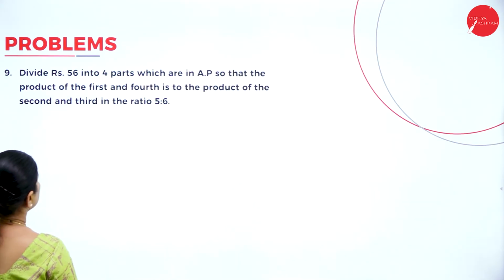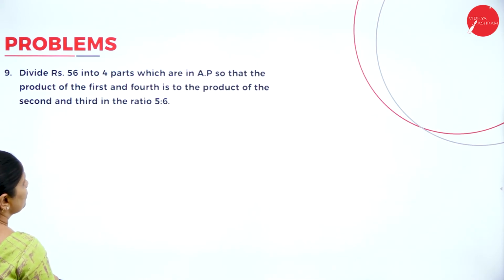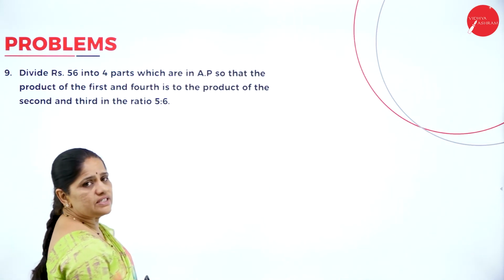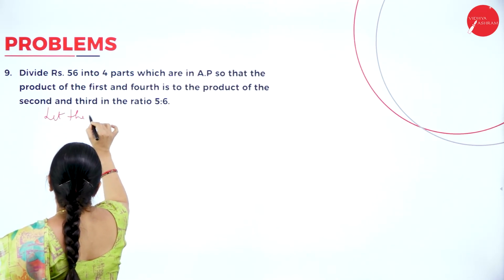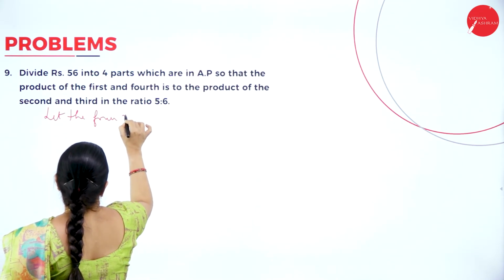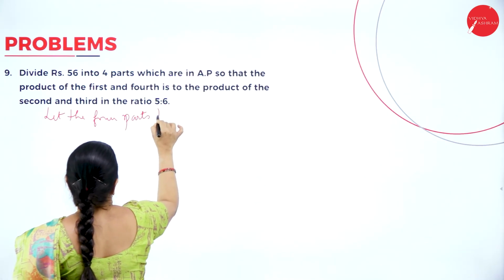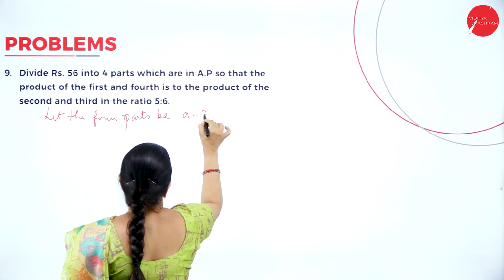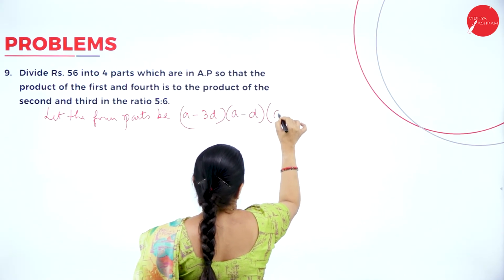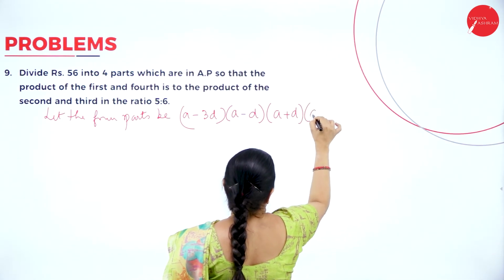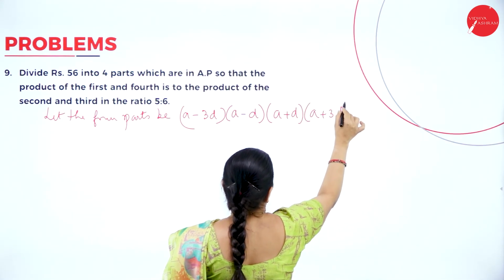So, this is how we have to solve this problem. The next problem is: divide 56 into 4 parts which are in AP so that the product of the first and the fourth is to the product of the second and the third in the ratio 5:6. Now, let the 4 parts be A minus 3D, A minus D, A plus D, A plus 3D.